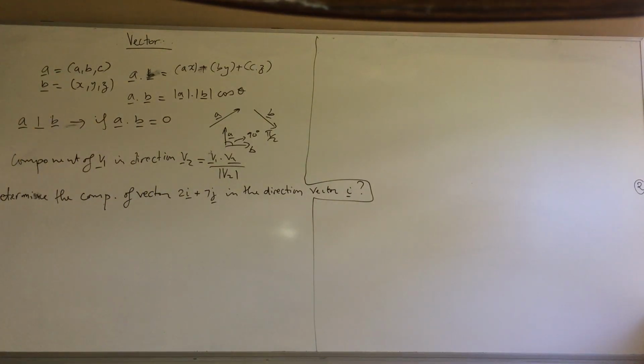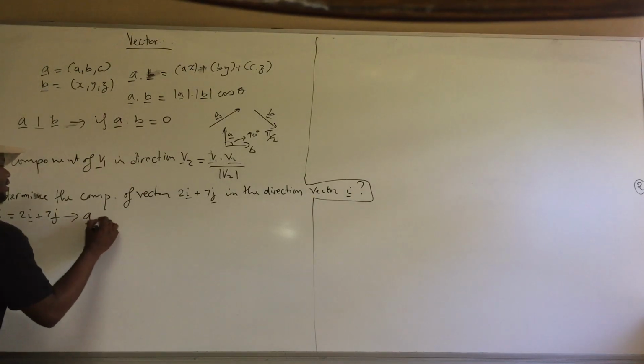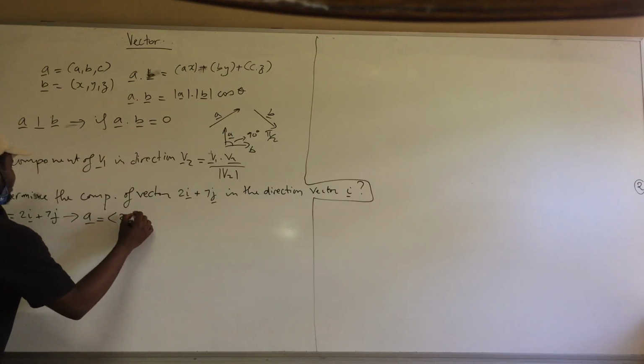How do you solve it? Now, you have to give the vector a name. Let me give it the name A. A equals 2i plus 7j. I like to write it in this format; it's the same as A equals 2 and then 7.